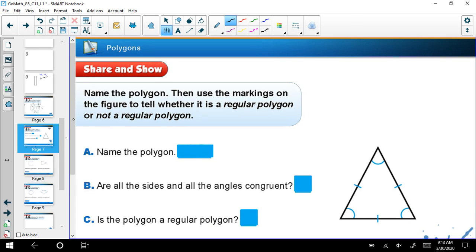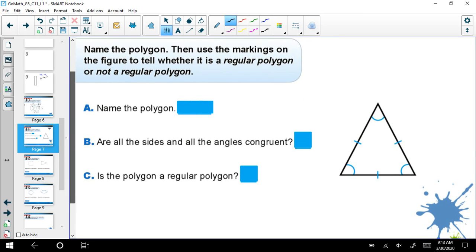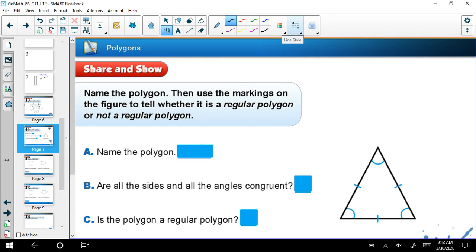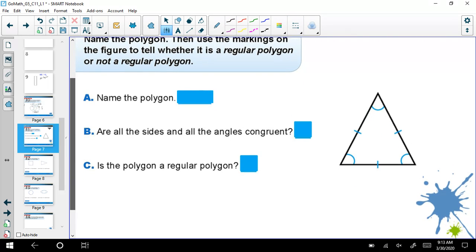All right, so let's put all of this to work here, and we are going to name some polygons. This polygon is a triangle because it has 3 sides. And then what we need to look at is, are all of the sides and angles congruent? Here we see one little tick mark on all 3 sides, which means that yes, all sides are congruent.